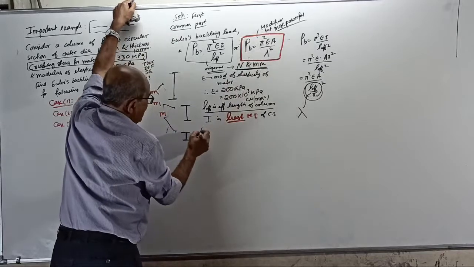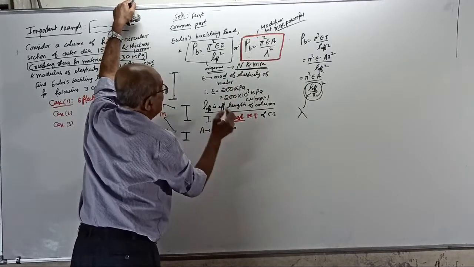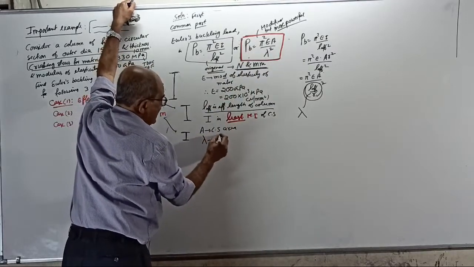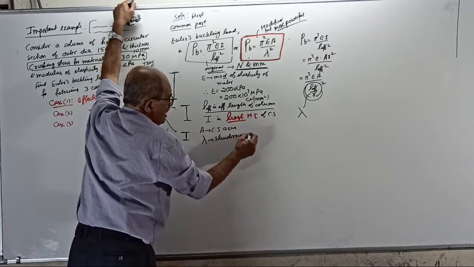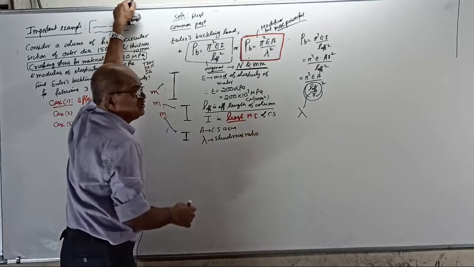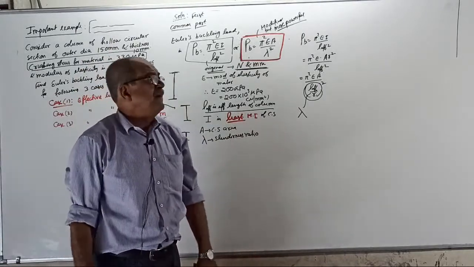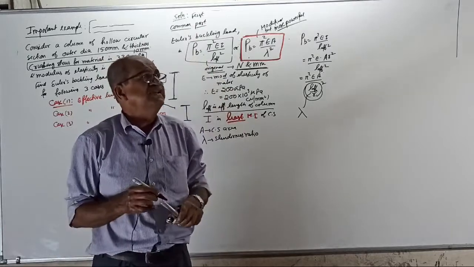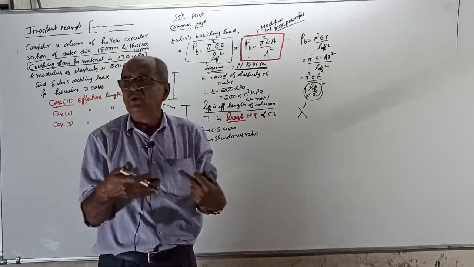A is the cross-sectional area. Then lambda is the slenderness ratio. Regarding the slenderness ratio, when lambda is higher or lesser, what happens? That I discussed in the previous class, but since quality is not good, I am uploading once again; within 1 or 2 days you will get it.